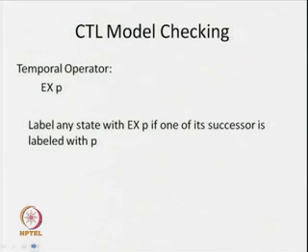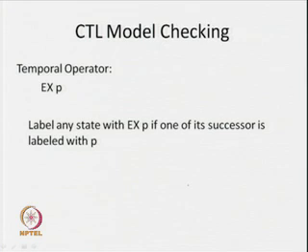Now, for temporal operators, we are going to look at Ex. This is one of the temporal operators of our minimal or adequate set of operators. In this case, there exists a path in which in the next state P is true. So, label any state with Ex P if one of its successors is labeled with P. So, we are going to see the interstate space.